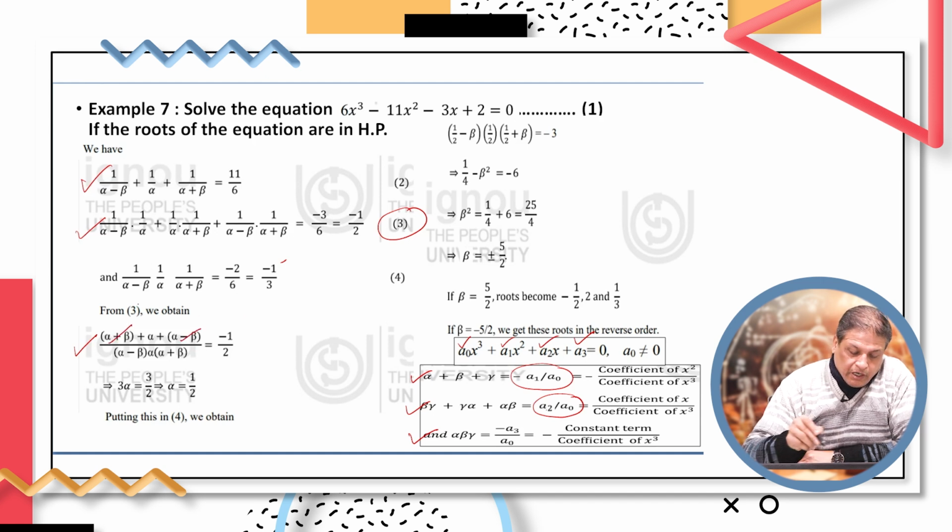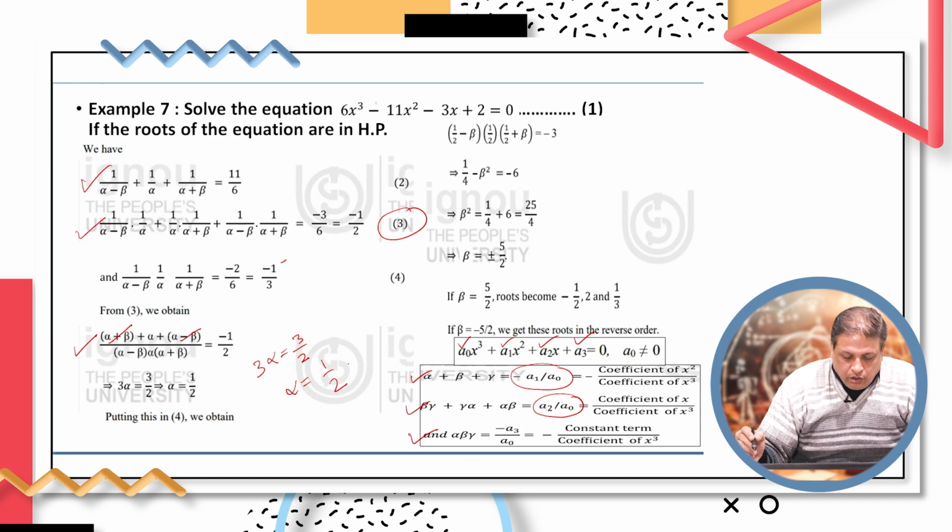Solving, the beta part will cancel, you will get 3 alpha, and you will finally get the answer 3 alpha is equal to 3 by 2, as a result of which we will be getting alpha is equal to 1 by 2.